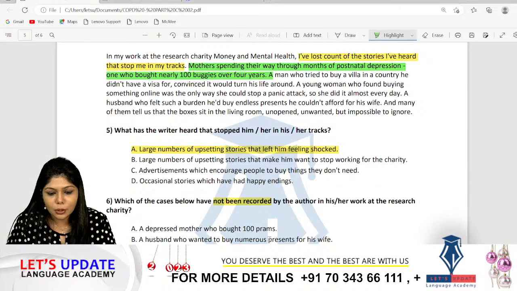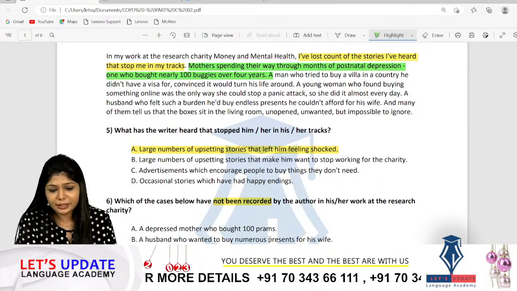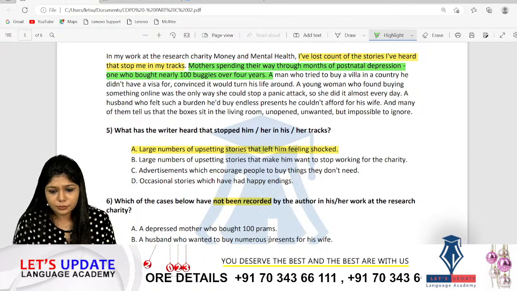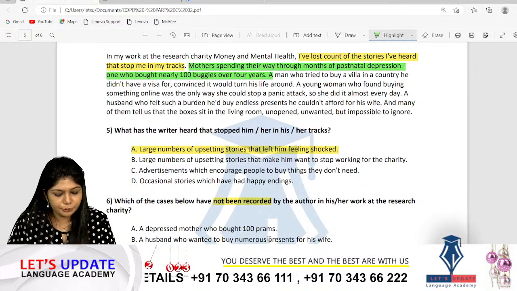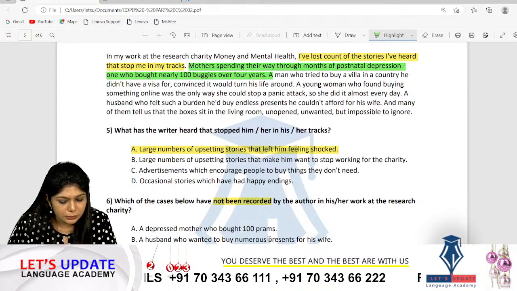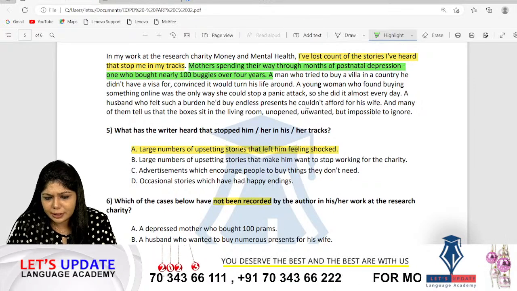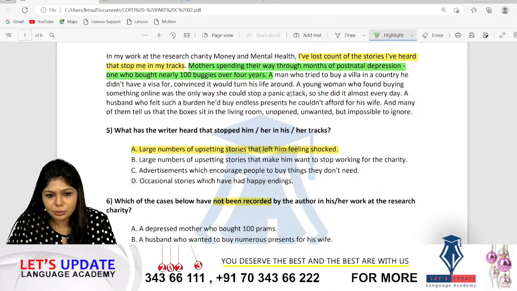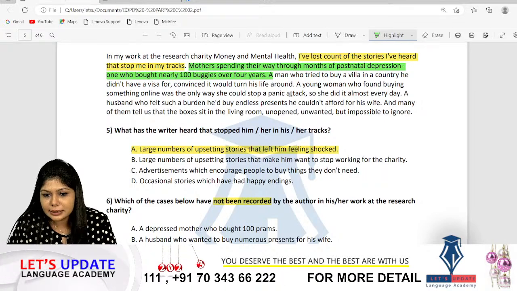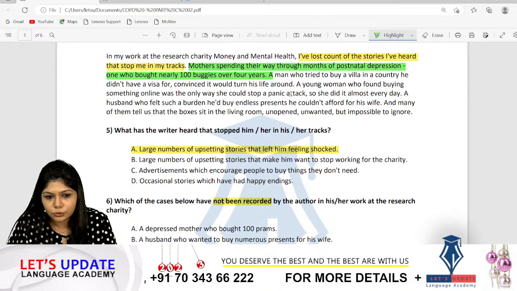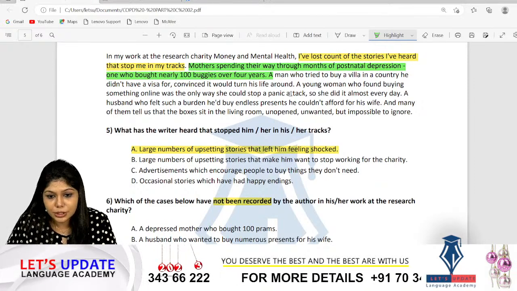Let's have a look at the second option: a husband who wanted to buy numerous presents for his wife. Is there information there? There is some information about a man who tried to buy a villa, and then information about a young woman who found buying something online was the only way she could stop a panic attack.